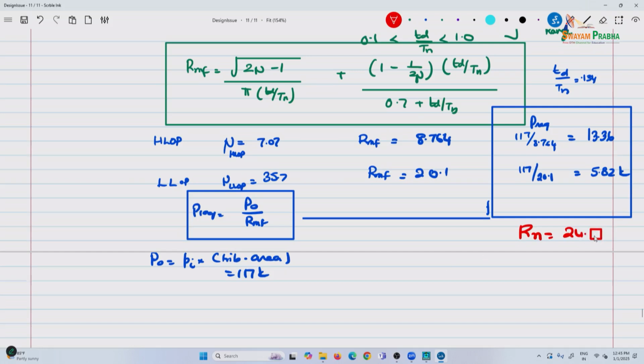So, we can say that the structure or the roof has a level of protection in between LLOP. No, actually, not even that. It's over. Yeah, it's over.